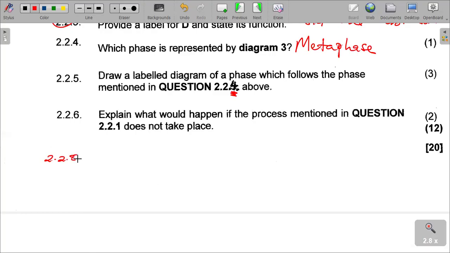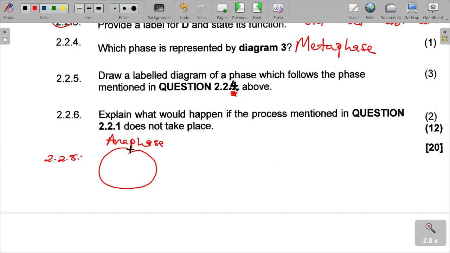2.2.5. So a labeled diagram of this, we can just have our diagram there. Obviously it must have a title, which is what? Anaphase.